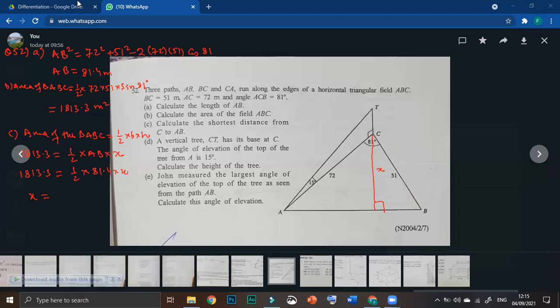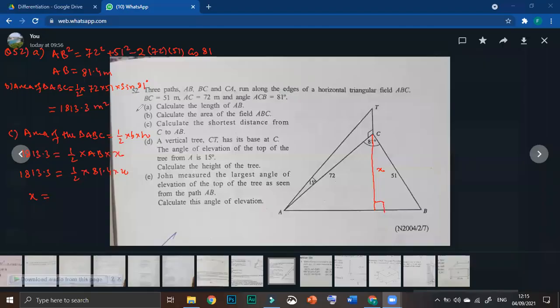Divide by 2, then divide 1813 by that. The final answer is 44.5. 44.5 is the height of C from AB.